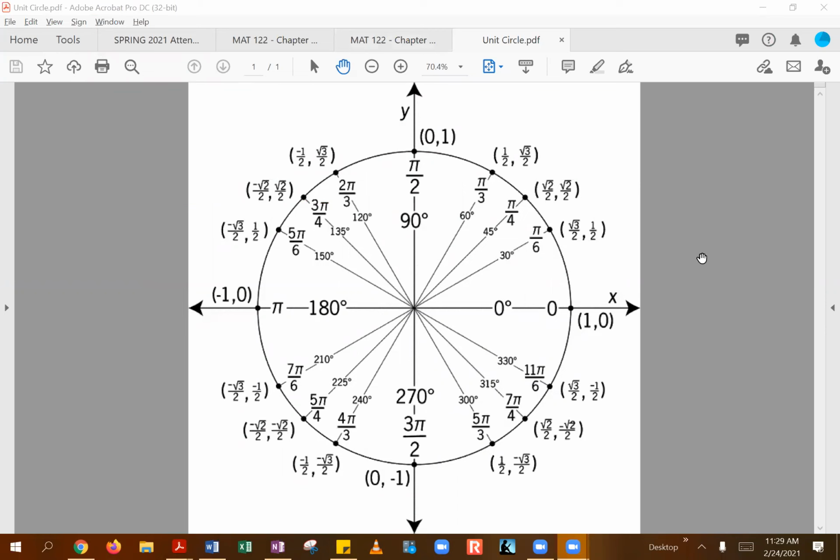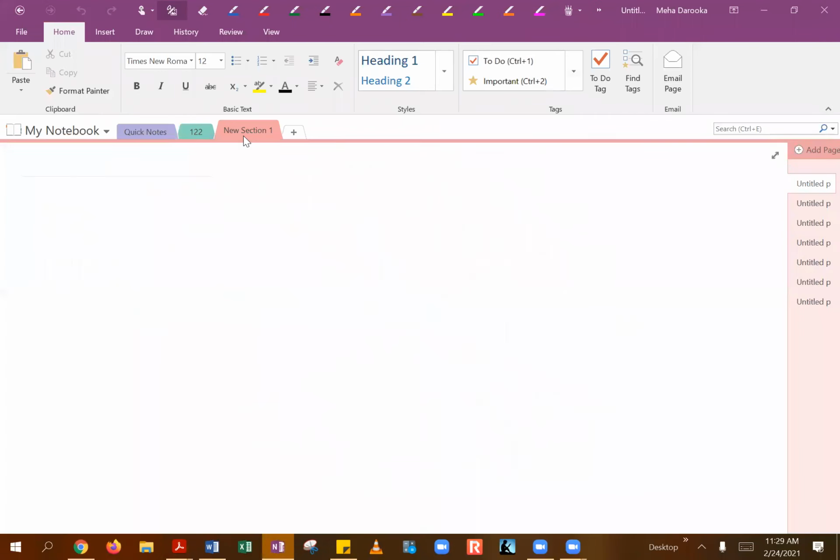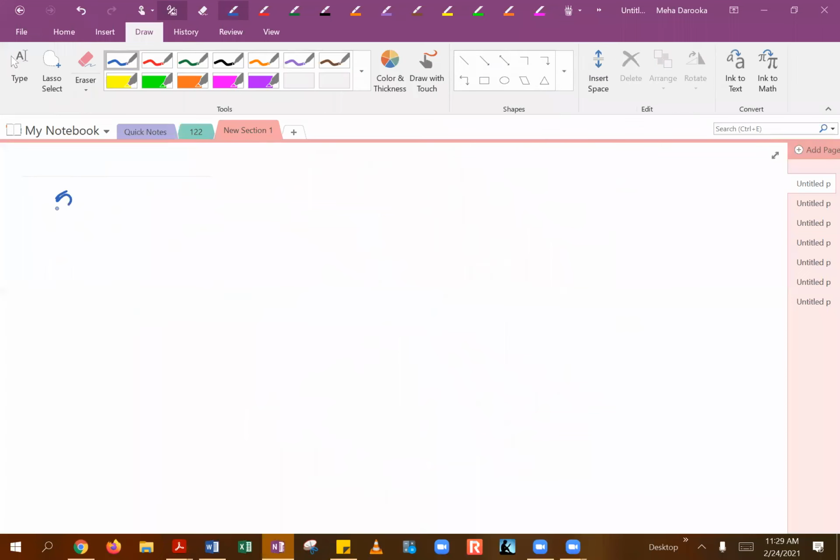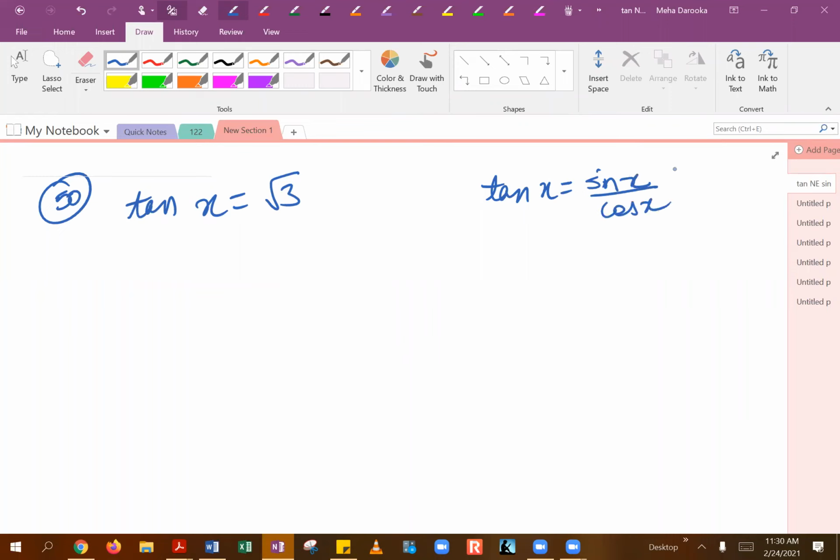Now, again, if you look at it in terms of tangent of x being square root of 3, obviously you want to think of tangent as sine over cosine of x. So that's the ratio you are looking at.